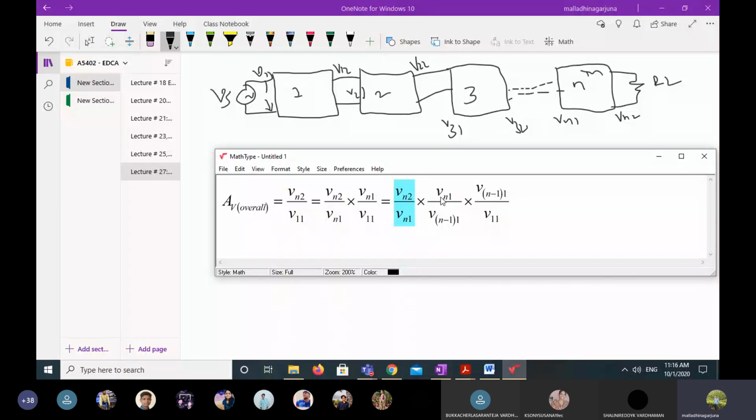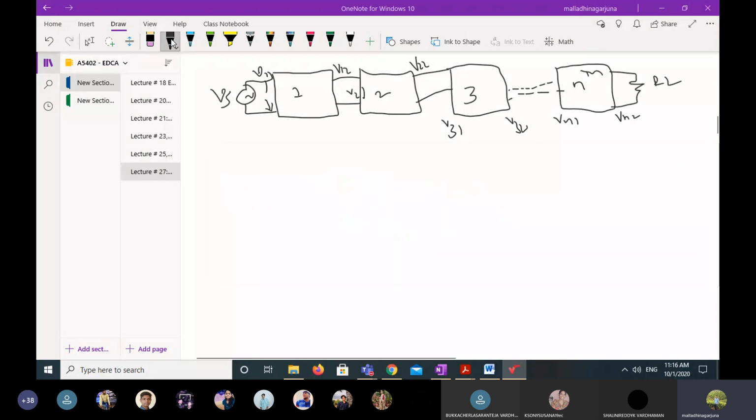Now, this term is Vn1 by Vn1 minus 1. For example, let us consider this one. V22 is equal to V31, right?